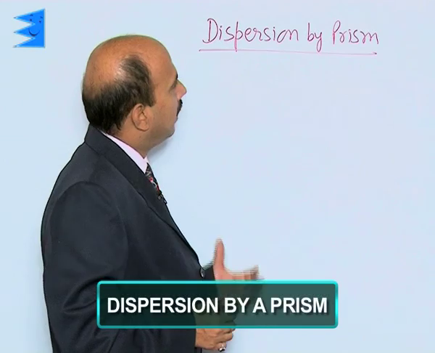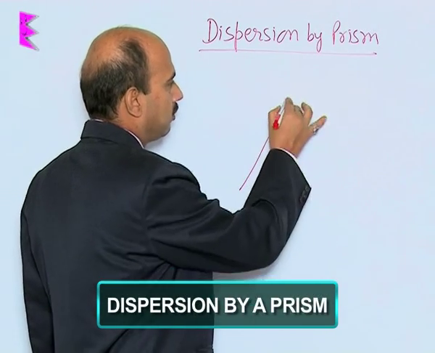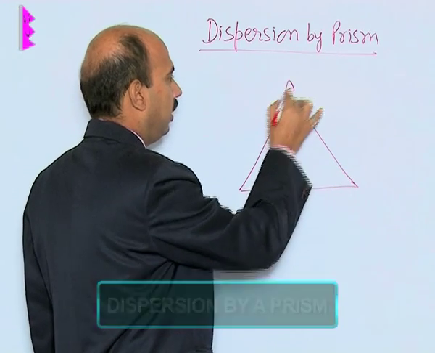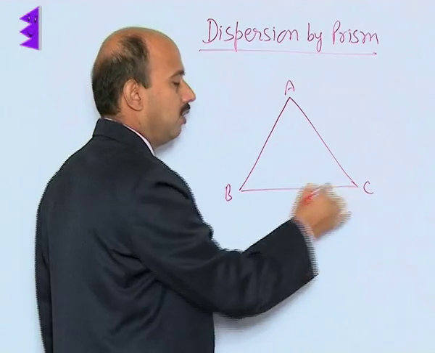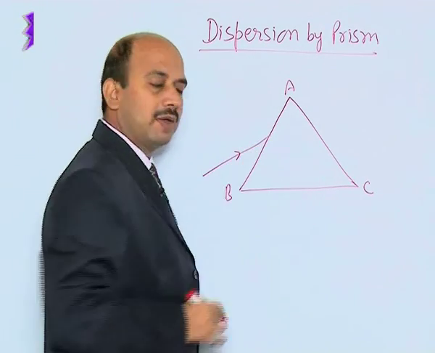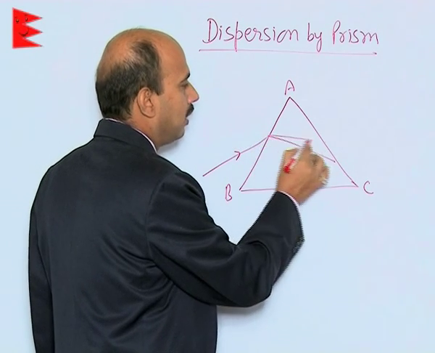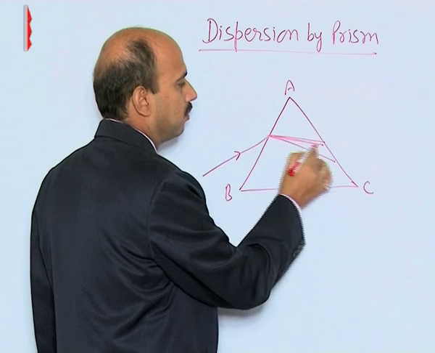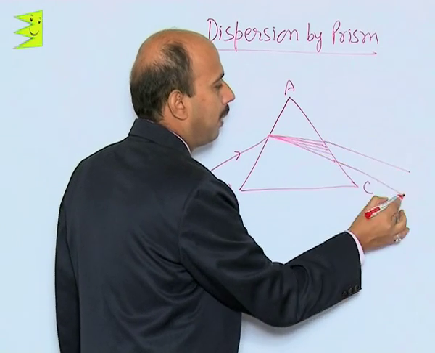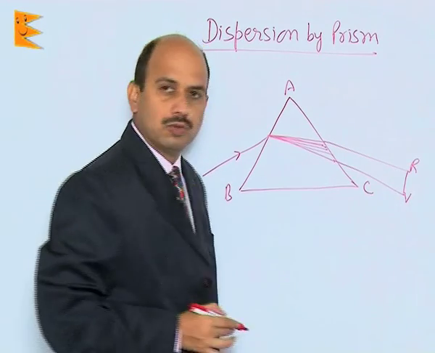Now your next part is dispersion of light. Suppose you have taken a glass prism like this. This is A, this is B and this is C, 3 faces. If white light comes from this side, it gets split up into 7 colors like this, and here we get a band of the 7 colors, where red is uppermost and violet is lowermost.